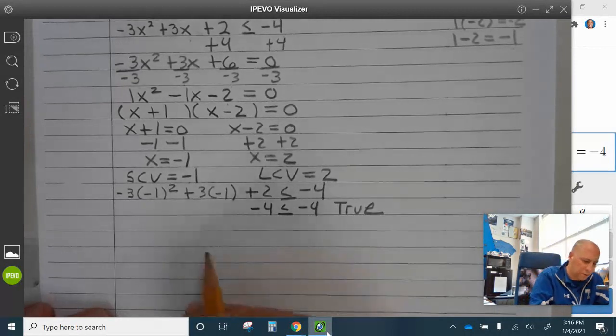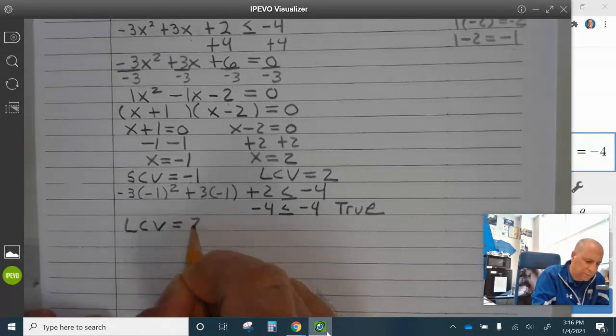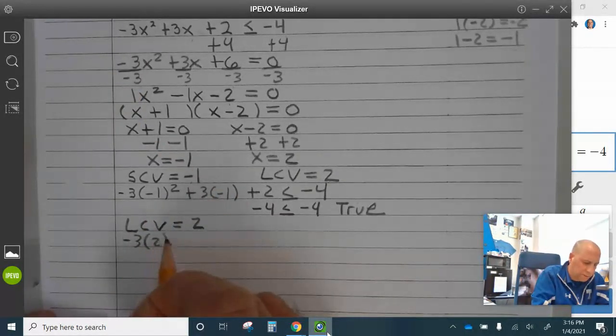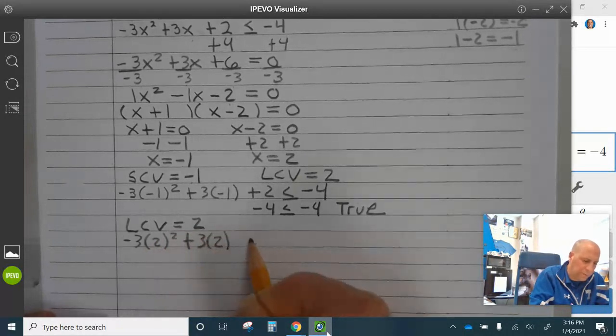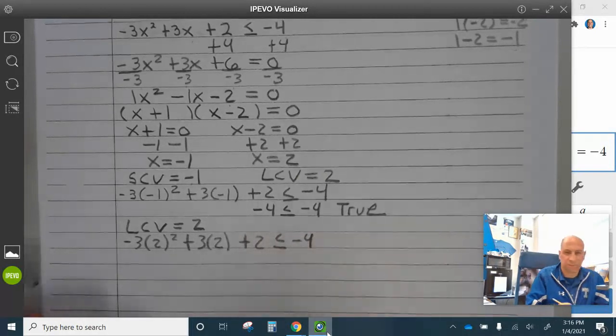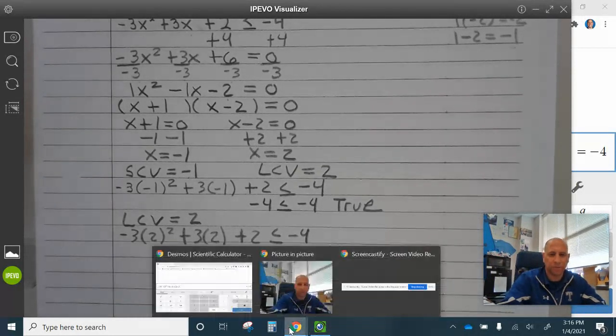All right, now we're going to test the large critical value. So we're going to plug 2 into the inequality. So negative 3 times 2 squared plus 3 times 2 plus 2 less than or equal to negative 4. Okay, let's go ahead and plug that into Desmos.